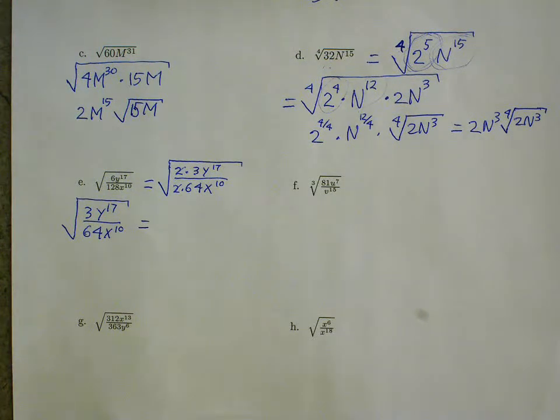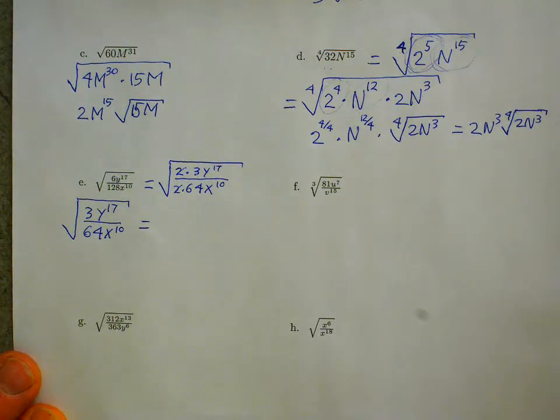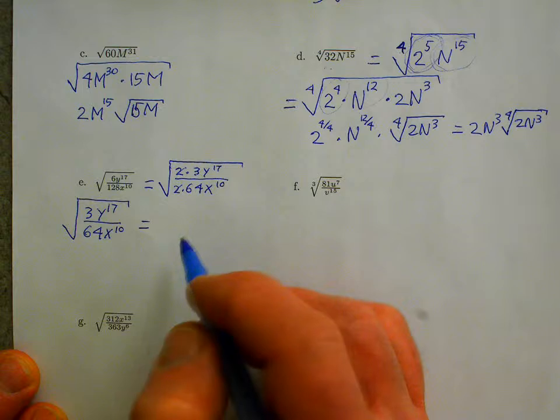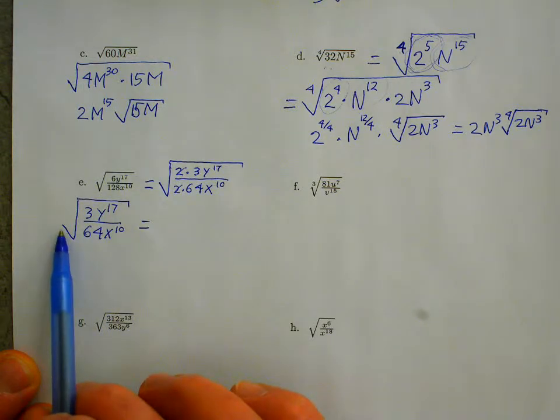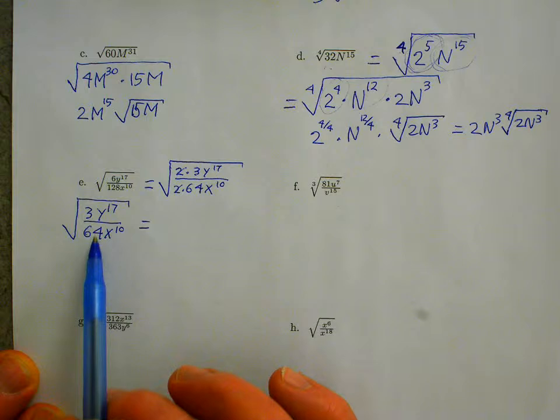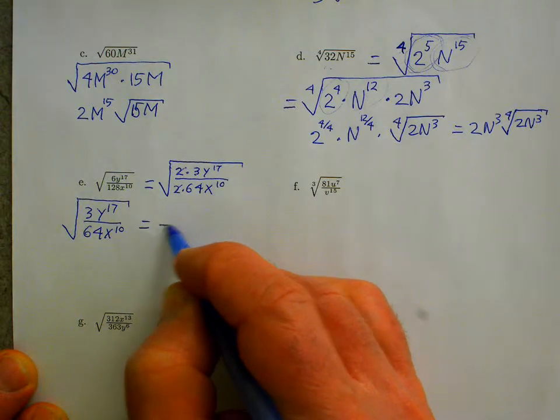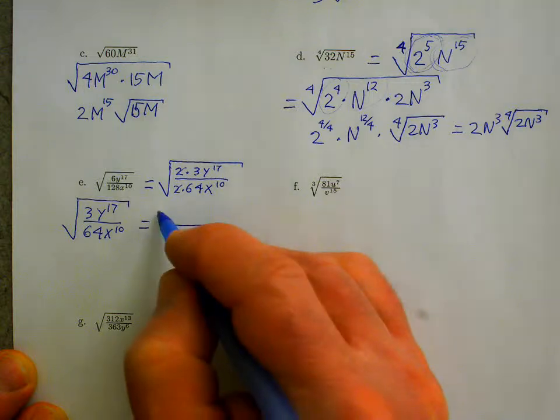Okay, so here we're going to apply the quotient property of radicals. I'll write that down in a couple of minutes, but the idea in general is if you have a radical with a fraction or a rational expression, you can write it as a ratio of radicals.